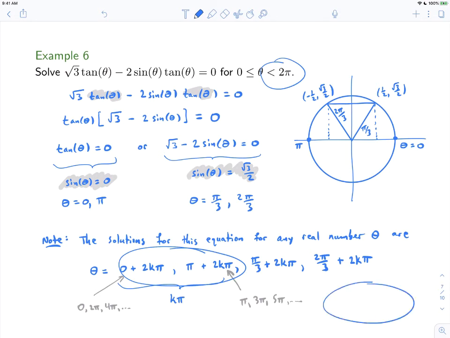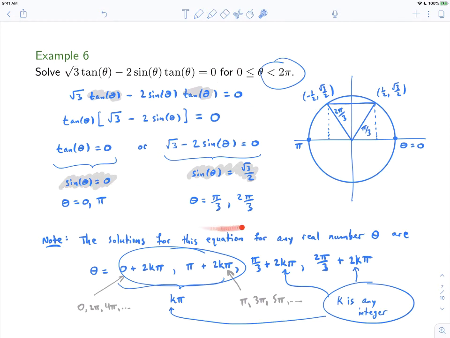So this is where k is any integer, for all three of these. Now for this particular problem, we were only asked to solve this equation for theta in the range 0 to 2 pi.